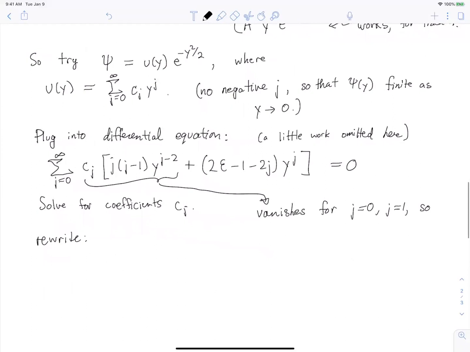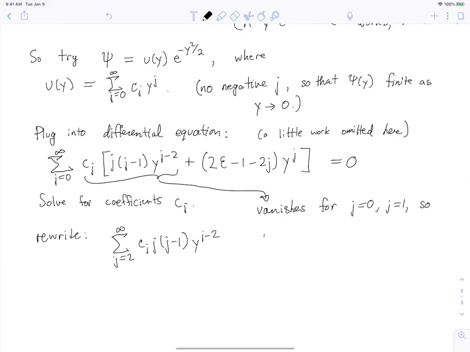The first thing we're going to do is just write it as the sum j equals 2 to infinity of the same thing. We haven't done anything yet because the j equals 0 and j equals 1 terms vanished anyway.